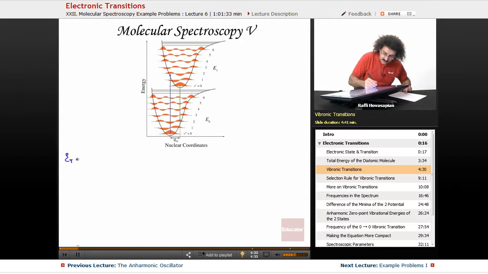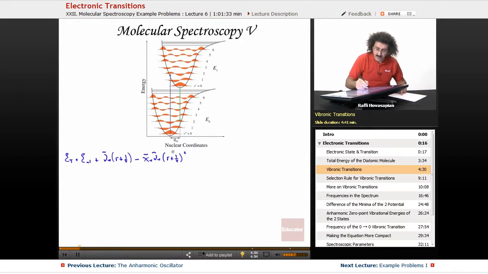Okay, E total equals E electronic plus nu sub e times (v plus 1/2) minus x sub e nu sub e times (v plus 1/2) squared. This is the vibrational energy under the anharmonic oscillator.